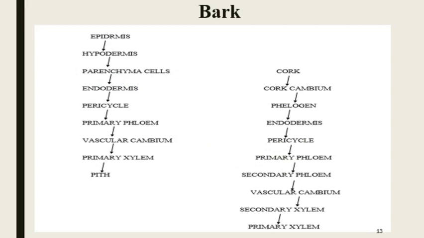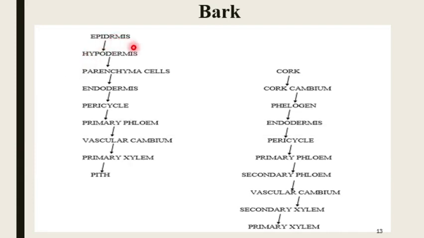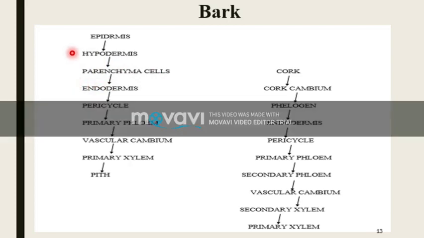Here is the complete summary of the bark or secondary growth. In the primary growth, we have seen the first layer is epidermis, then hypodermis, parenchymatous cells, and endodermis, and we collectively call these three layers the cortex.